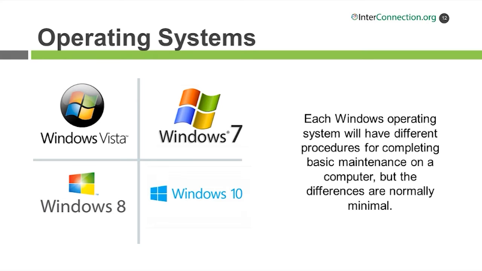So I'm going to try to give you advice that will apply to Windows 7 through Windows 10. If there is any difference, it's very small as far as the instructions for how to get the desired result. Most of this will be geared towards both Windows 7 and Windows 10. So, the next slide.